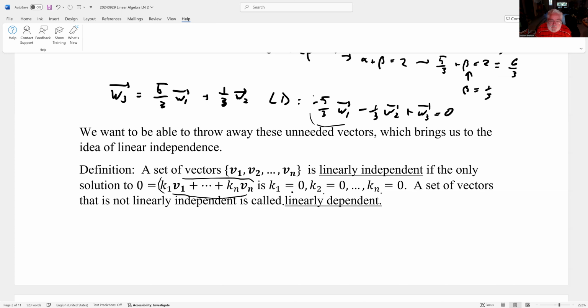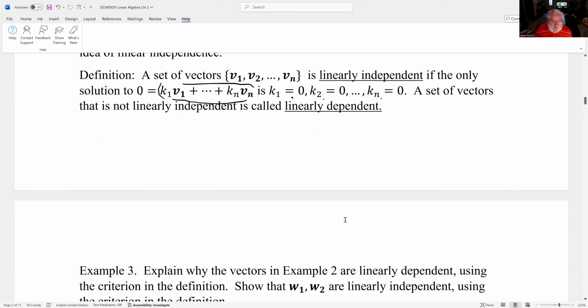We have a linear combination of these three vectors where the coefficients are not 0, but they add up to 0. And that means you can solve this for one of the vectors. W3 is actually a linear combination of the other two. So a set of vectors that is not linearly independent is called linearly dependent.